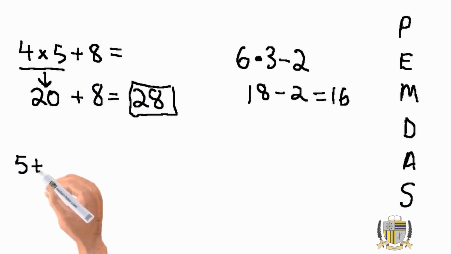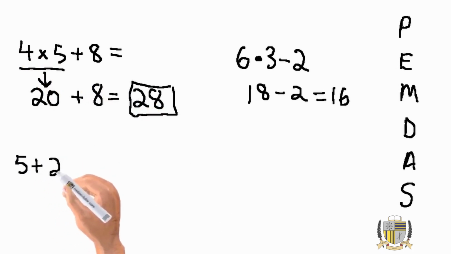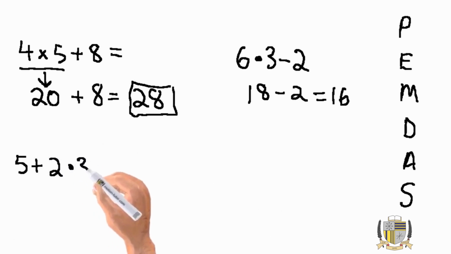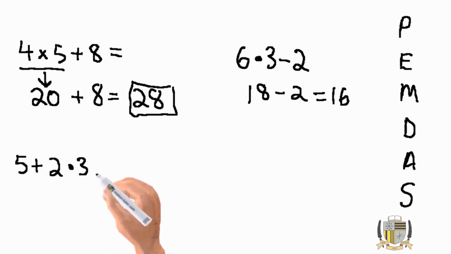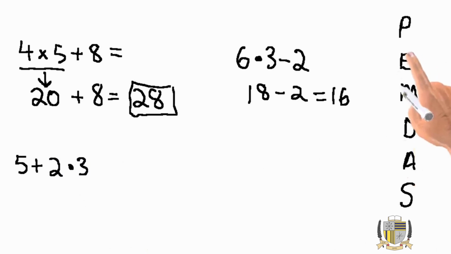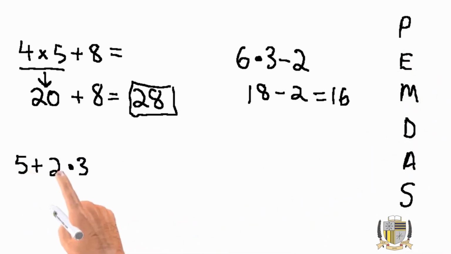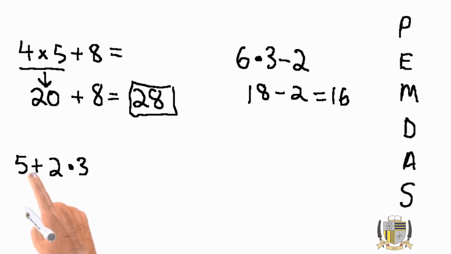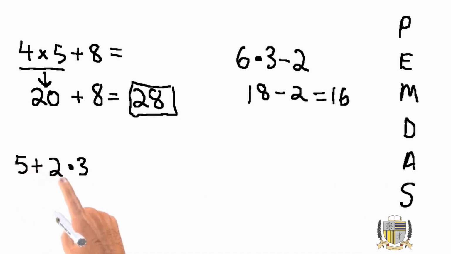5 plus 2 times 3. Any parentheses? No parentheses. Any exponents? No exponents. Any multiplication? Yes, right here, the 2 times 3.